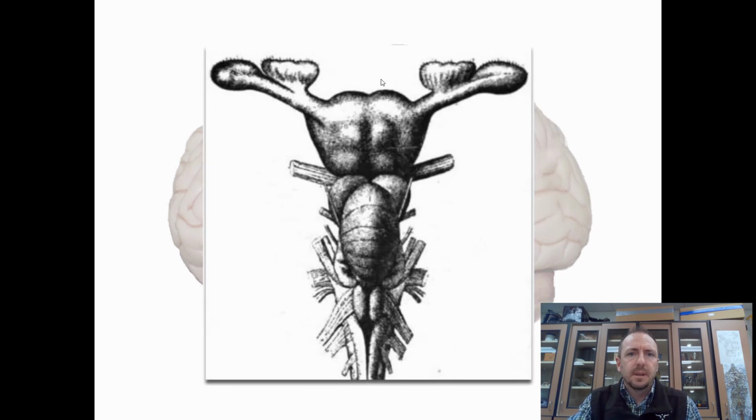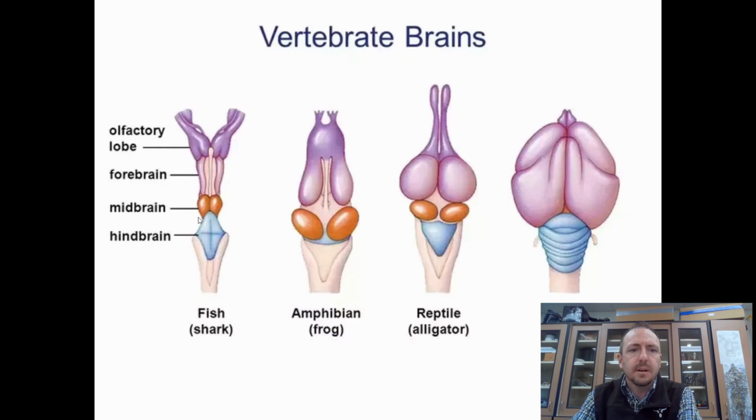So if we look at a shark brain, or any animal here, we'll notice that we have a hindbrain, a midbrain, and a forebrain. And with amphibians, a hindbrain, midbrain, forebrain, and you go up further and you get more complicated brains like a bird or mammals, horses, dogs, they have a bigger forebrain as well.